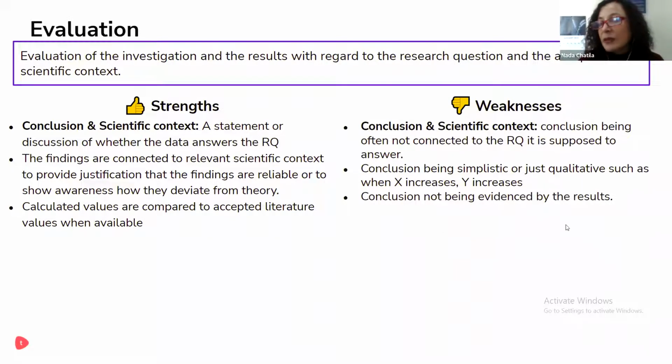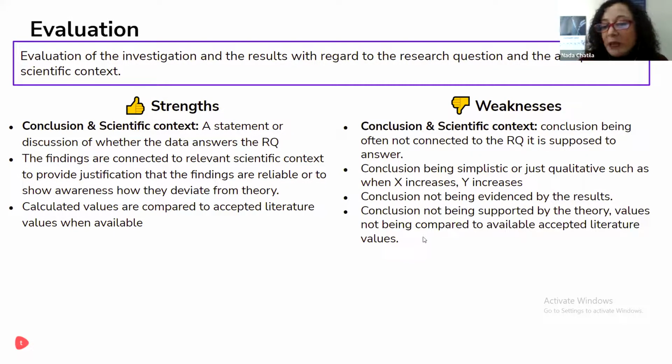Conclusion not being evidenced by the results, like the results show maybe a certain relationship, and then the conclusion is that it is directly proportional when the data shows something different.